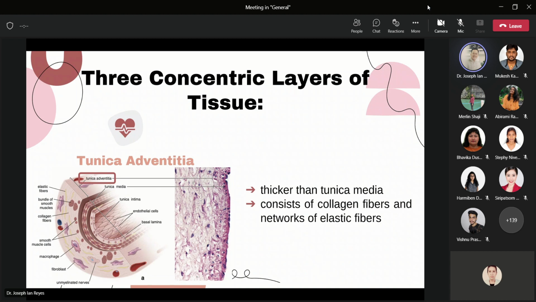Then your adventitia is thicker than the tunica media and consists of collagen fibers and networks of elastic fibers. You can see it here: elastic fibers, smooth muscle, collagen, macrophages, fibroblasts in the outer layer. Same as the arteries, just a different thickness.